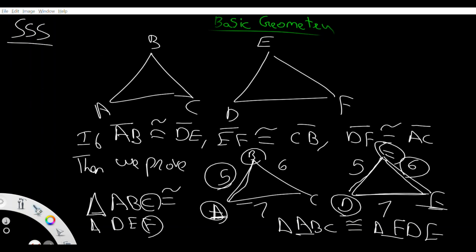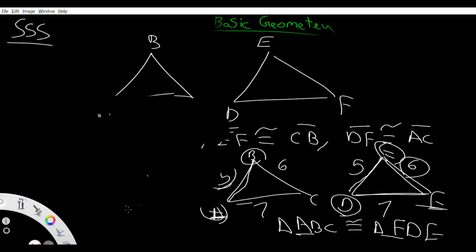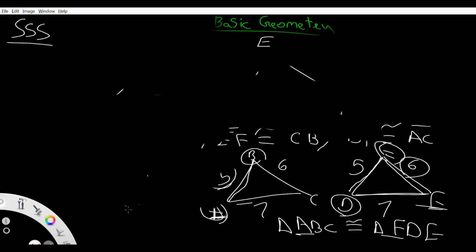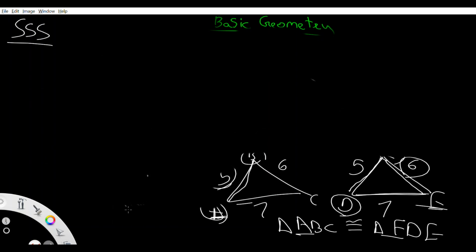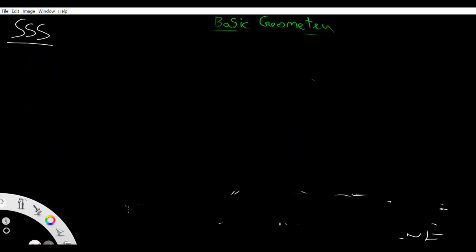Now let's look at side angle side. This means that if two sides and one angle in between those two sides, it cannot be anywhere else, in between.